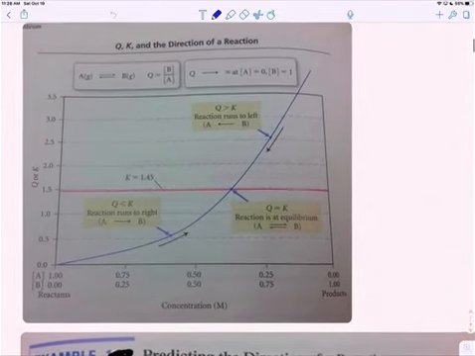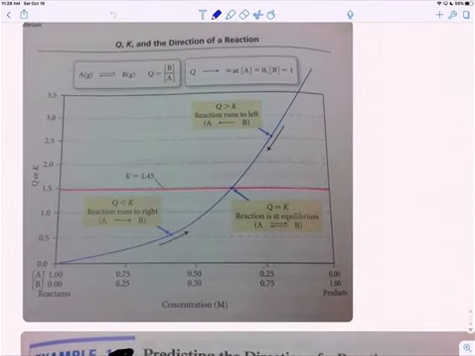And if you prefer graphing, K is the horizontal line at 1.45, and Q is the reaction quotient. Depending on where the Q is at, it says which way it's going to go.